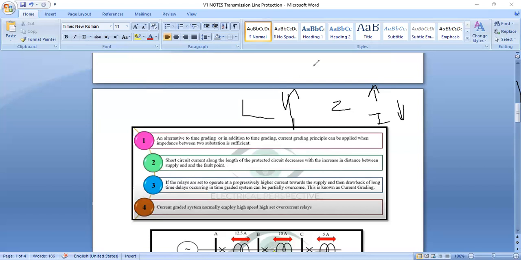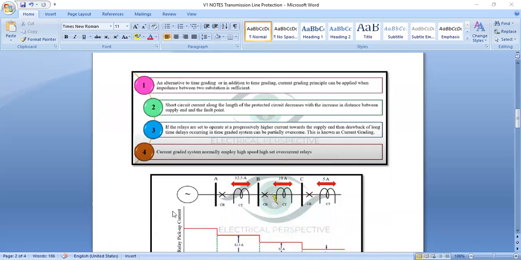Next, if the relays are set to operate at higher current towards the supply end, the drawback of the long time delays occurring in the time graded system can be partially overcome. This is known as the current grading system.